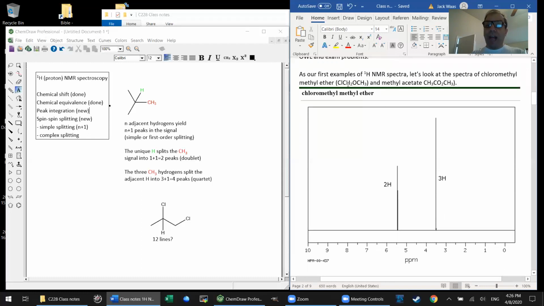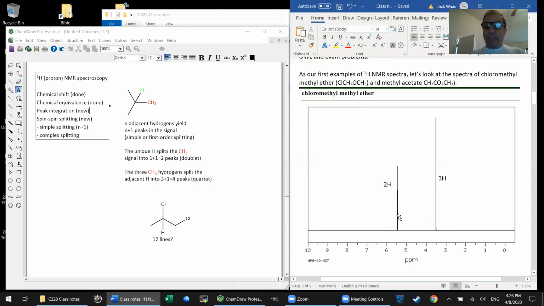Whereas these 2 are alpha not only to oxygen, but also to chlorine. So I would expect the effect to be almost additive. And so they show up way down here at about 5.4. So 2 resonances at just about the exact chemical shift we expected.